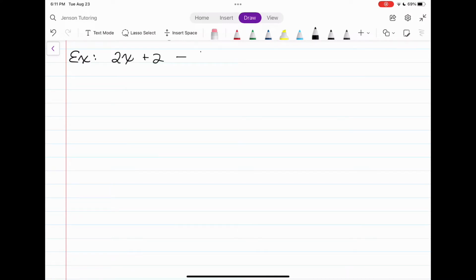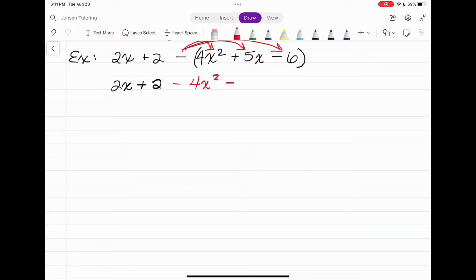Okay, so we'll get a little bit more complicated. So we have 2x plus 2 minus, and we'll do the minus the quantity of 4x squared plus 5x minus 6. So remember, when you see this parentheses after a minus sign, you need to distribute that negative.